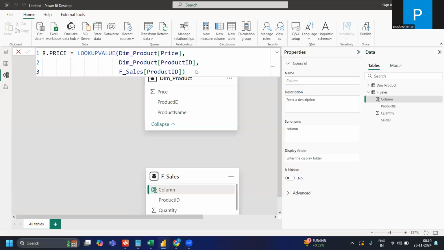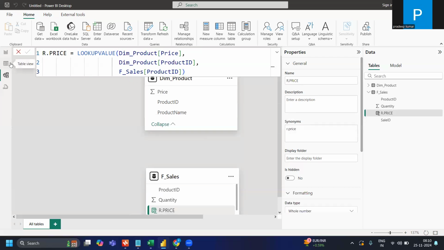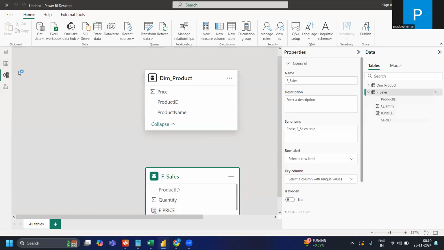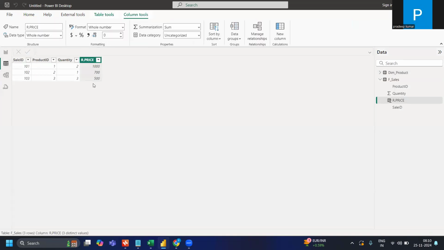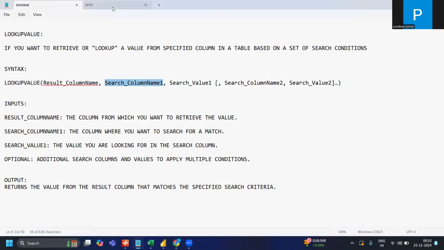Let's see the magic. Go to the table where you can see the new column, the price value.